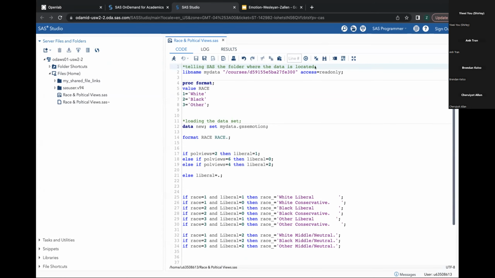Okay, here's my code. This looks good. Investigating the relation between race and political view. I also included other, which I'm probably going to take out because it accounts for a very small percentage.